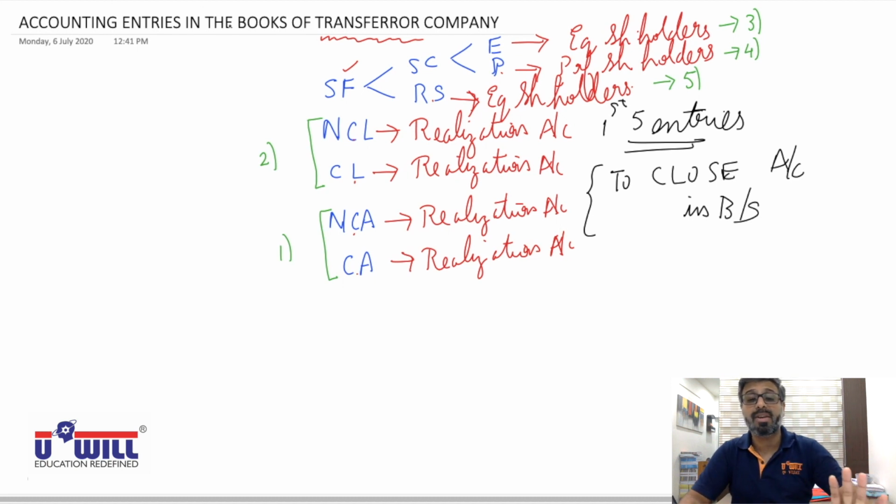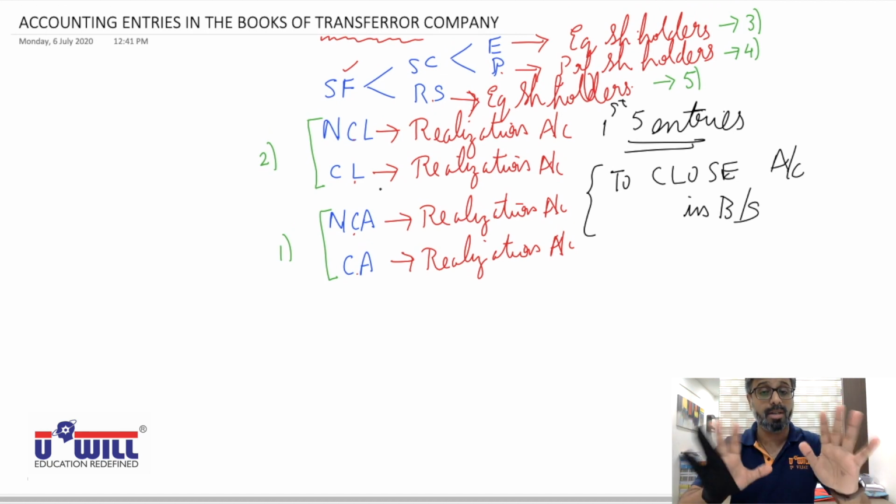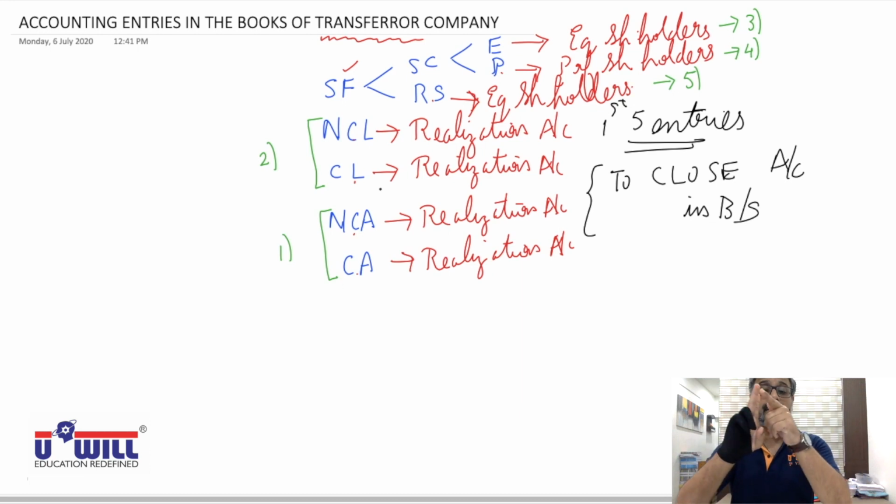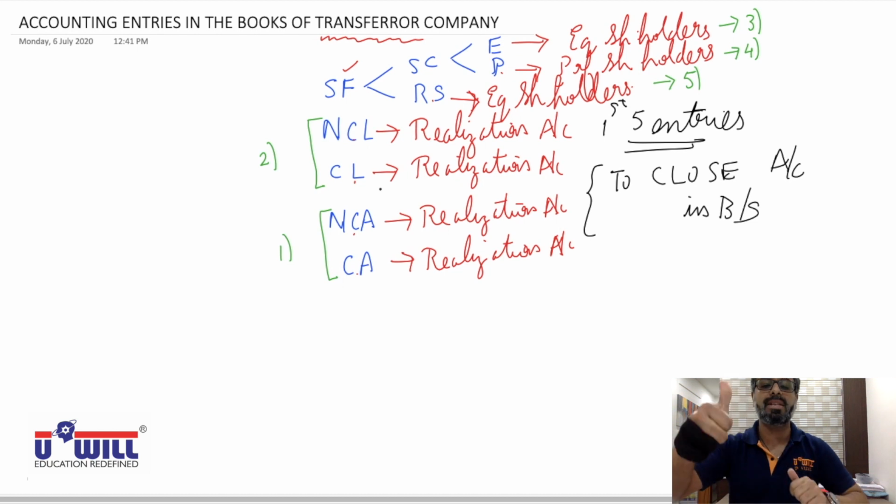So first 5 entries will be to close the accounts appearing in the balance sheet, because the company is going into liquidation. Since the company is going into liquidation, first we have to close all the accounts appearing in the balance sheet. So once again, order of entries is important. Entries are very simple. Remember the order: assets, liabilities, equity share capital, preference share capital, reserves and surplus. One more entry will come, as I said, 6 entries, but that will be a part of reserves and surplus only.